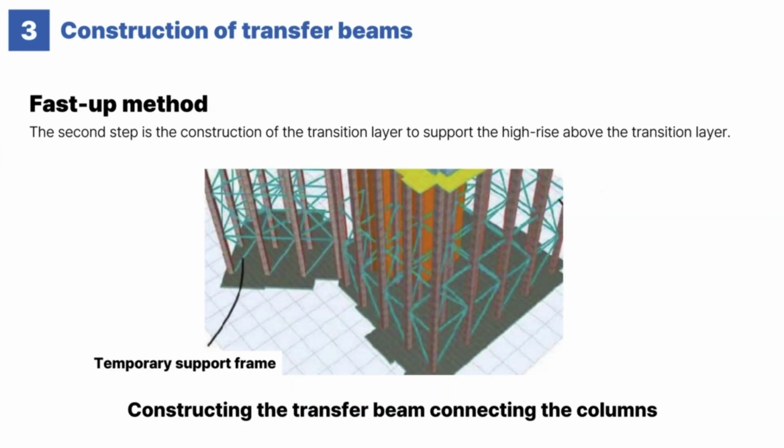Therefore, to prevent this, a temporary support frame is installed that connects the columns to each other. The temporary support frame connects the columns in the form of horizontal or brace, but since it is a temporary material, it is installed in a form that is easy to install and dismantle.